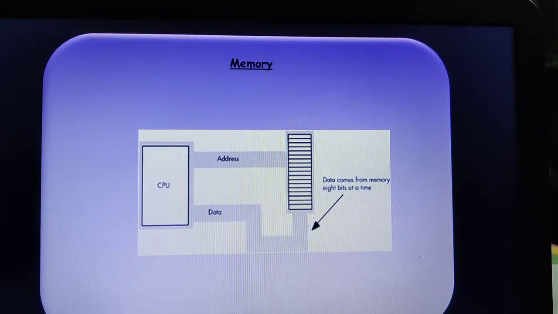Here I can show you in the slide. Whenever the CPU wants to fetch data from the RAM, it should know the address. So maybe here 65,000 memory locations will be there. If my data is in memory location 5,000, how does the CPU know?